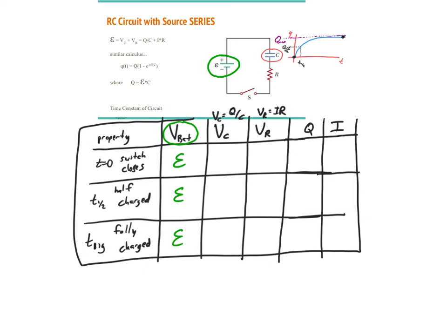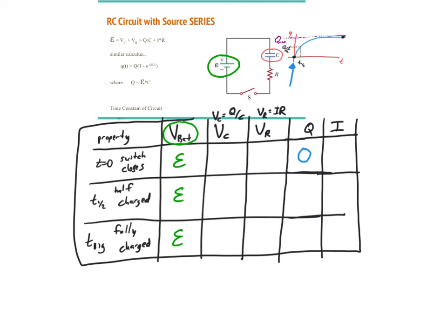Next, looking at the graph, the charge is 0 at one of those times. It's 0 when the switch just closes. Just as the switch closes, the charge is 0. Nothing's accumulated yet.